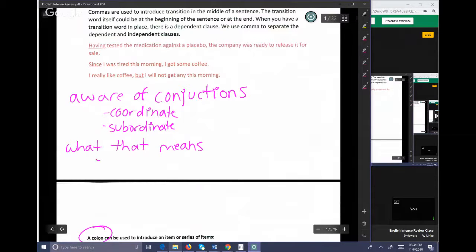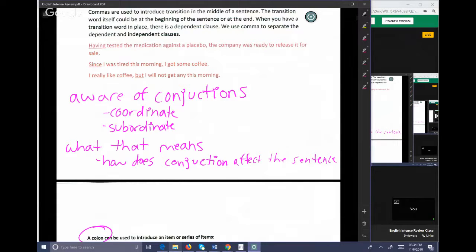So we're going to say what that means instead of giving it a particular name. Essentially what I'm asking you to be aware of here is, how does the conjunction affect the sentence? And I mean that from two perspectives. How does it affect the sentence as far as punctuation and structure? And how does it affect what the sentence actually says and what the content is, how something is emphasized?